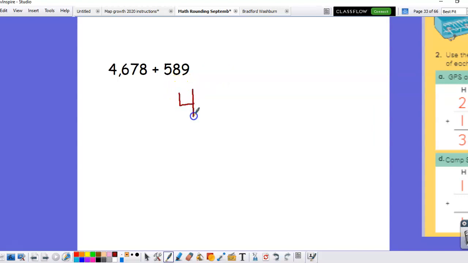You always put the larger number on top. 4,678 plus, and remember that's 500, so it has to start in the hundreds place.